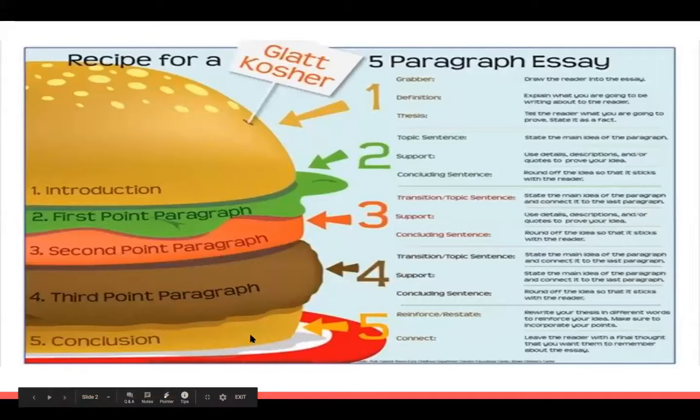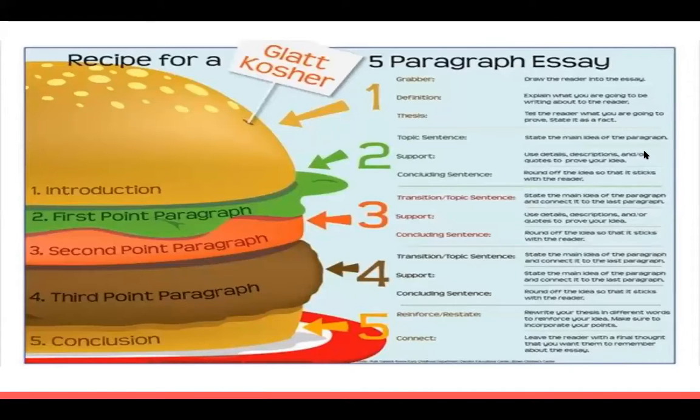Okay. So we're going to talk about how to write a 5-paragraph essay using the Hamburger Method. Has everybody used this before? Yeah. Okay. So your first paragraph, what is it? Your introduction, right? So in your introduction, you should have your grabber or your hook. We talked a little bit about this the last class.